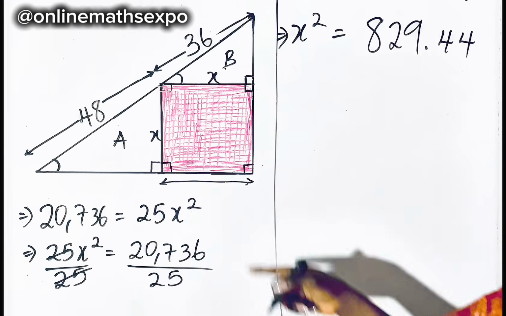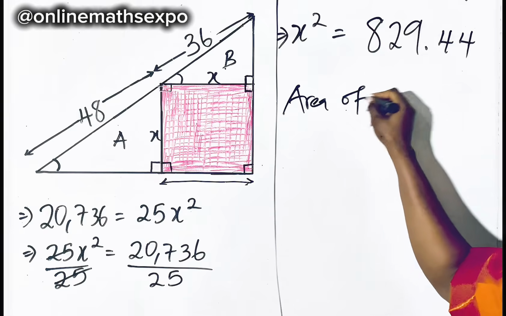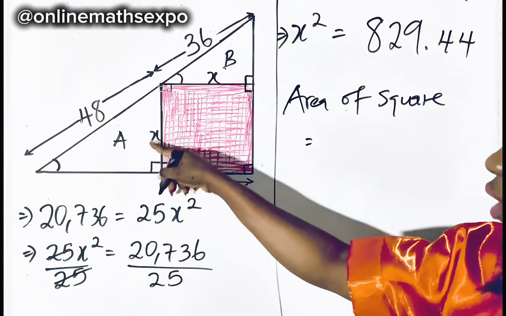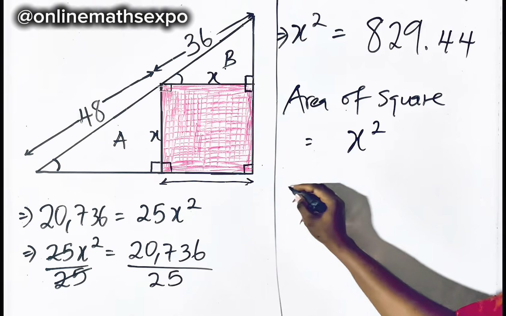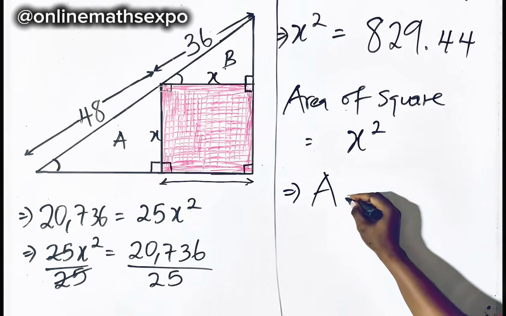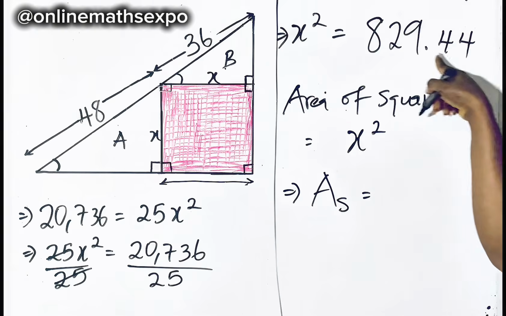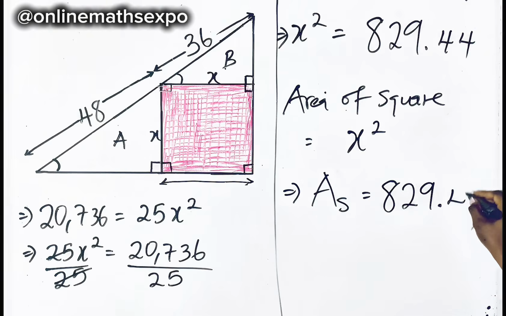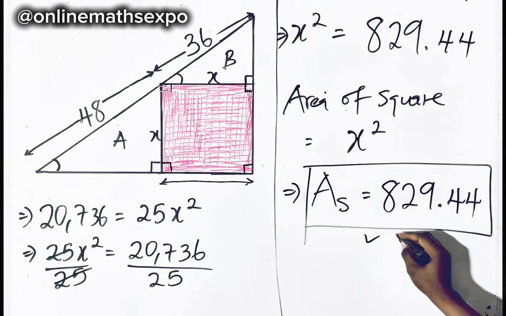And remember we said that the area of the square is given as x multiplied by x, since the sides are the same. And that means that the area of the square is equal to x squared, which is the same as this. So it means that the area of the square is 829.44. And that is our answer.